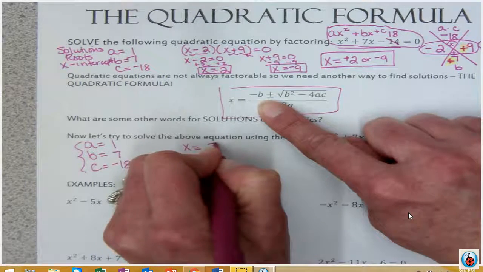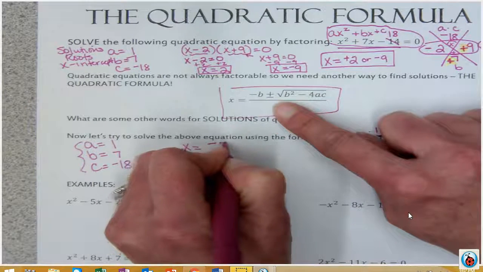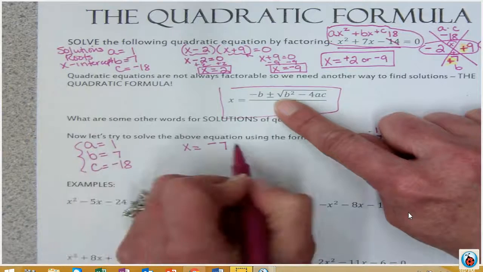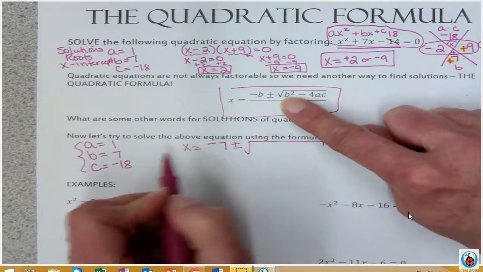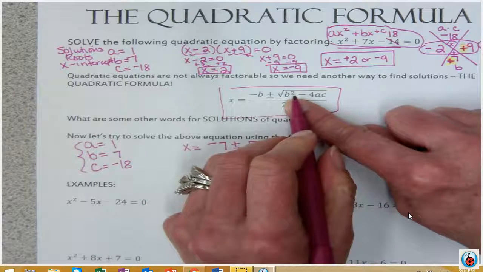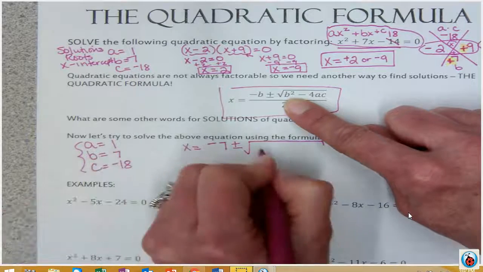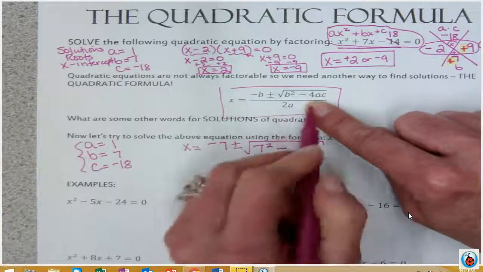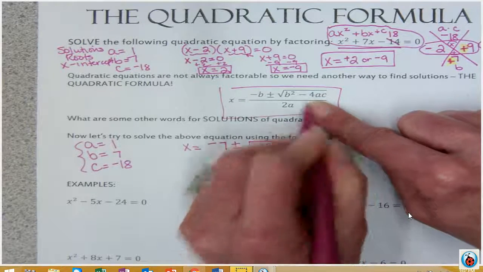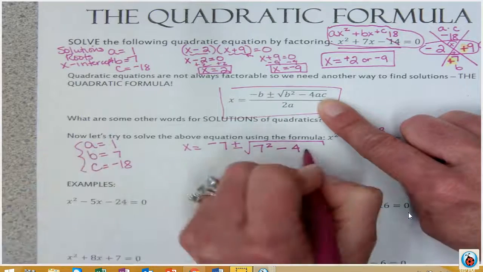So I'm going to put down negative, and instead of B, I'm going to put 7 plus or minus the square root of B squared. And instead of B, I'm going to plug in my 7. 7 squared minus 4 times the A value. My A value is 1.